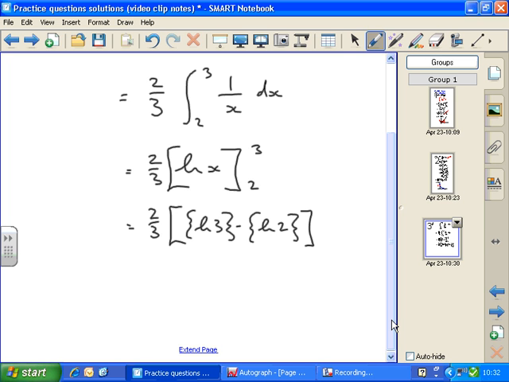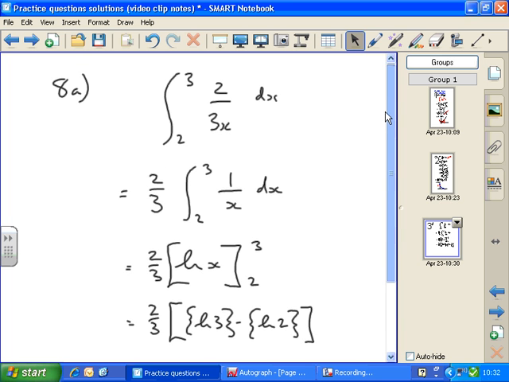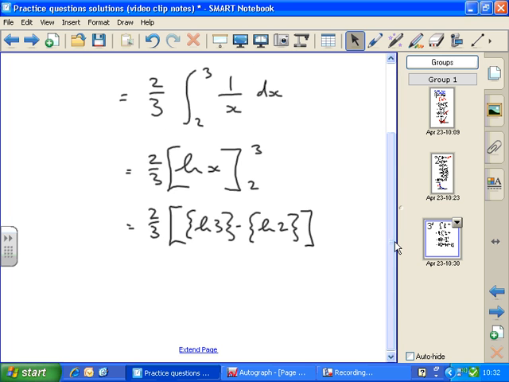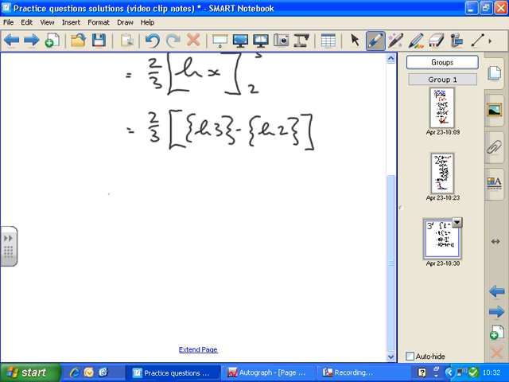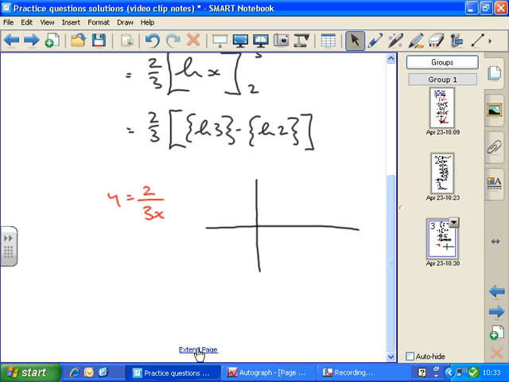The next step is to sketch the curve. So if we look at the original function, y equals 2 over 3x, then sketching the function, thinking of it as 2 over 3 times 1 over x, then as x gets bigger, 1 over x is going to get smaller and smaller.